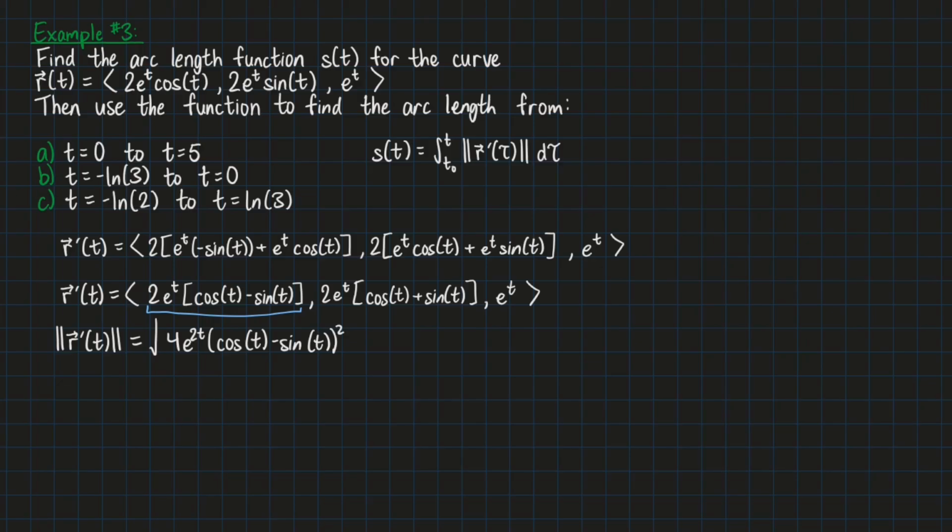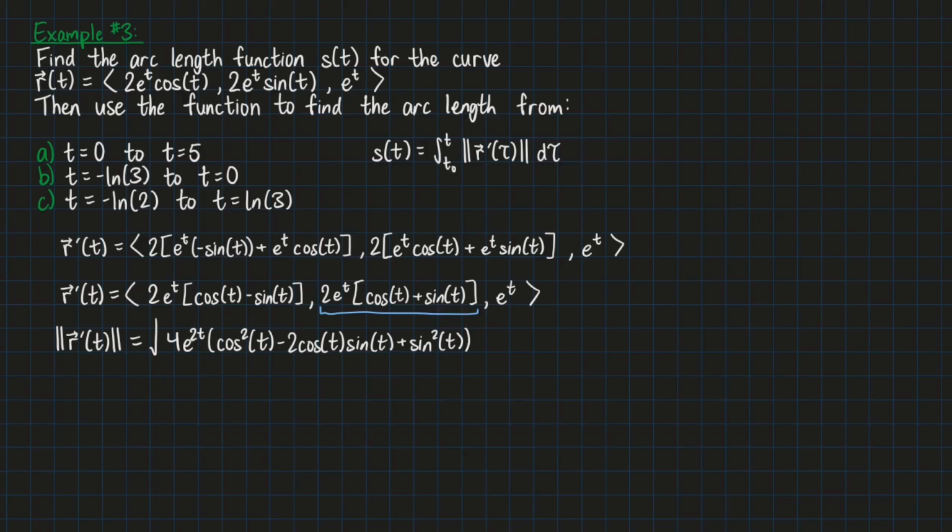And then if we square the quantity of cosine of t minus sine of t, we would have cosine squared of t minus 2 times cosine t sine t plus sine squared of t. Remember, if you're squaring a product of two factors, you could square each factor individually and then multiply both of them.